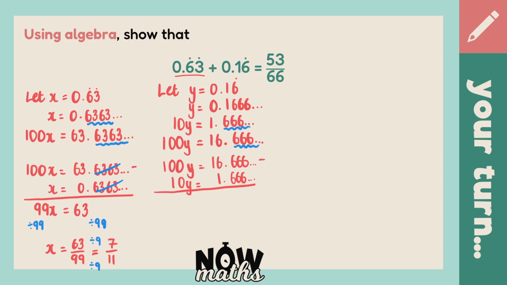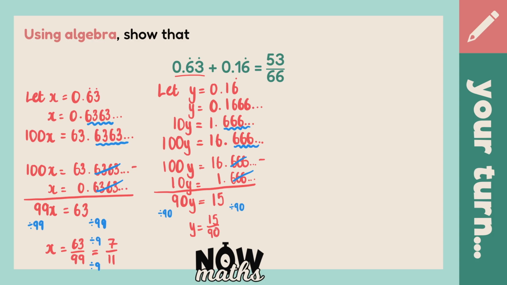So now subtracting 10y from 100y leaves us 90y, and then subtracting the decimals, we can see that the recurring part would cancel, and then 16 subtract 1 is 15. So we have 90y equals 15, which we can solve by dividing by 90, which should leave us with y equals 15 over 90.